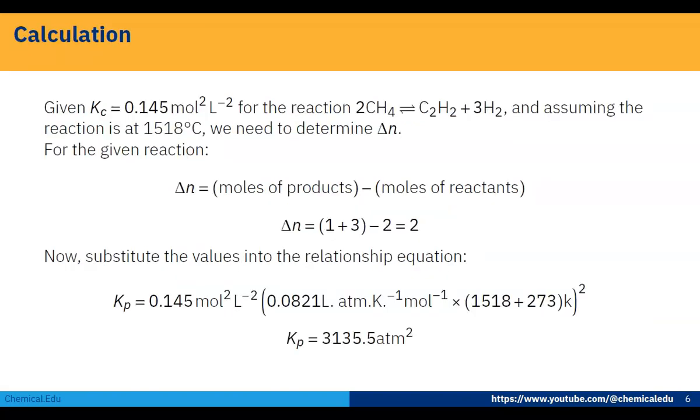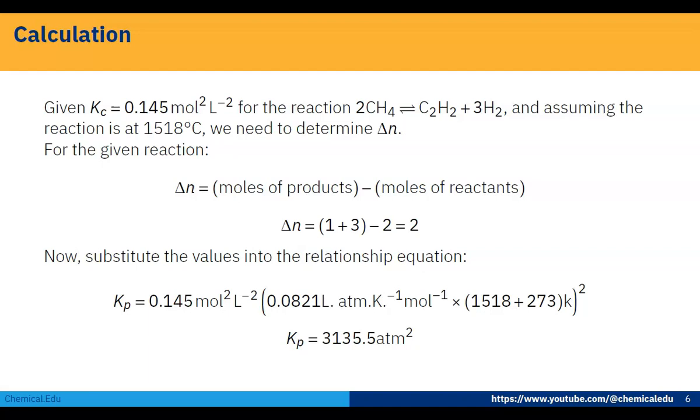Now in that problem Kc is given, that is 0.145 mol² L⁻² for the reaction 2CH4 going to produce C2H2 plus 3H2, and the reaction is at 1518 degree centigrade, already that is given. We need to determine delta n, already we did that, it is 2.